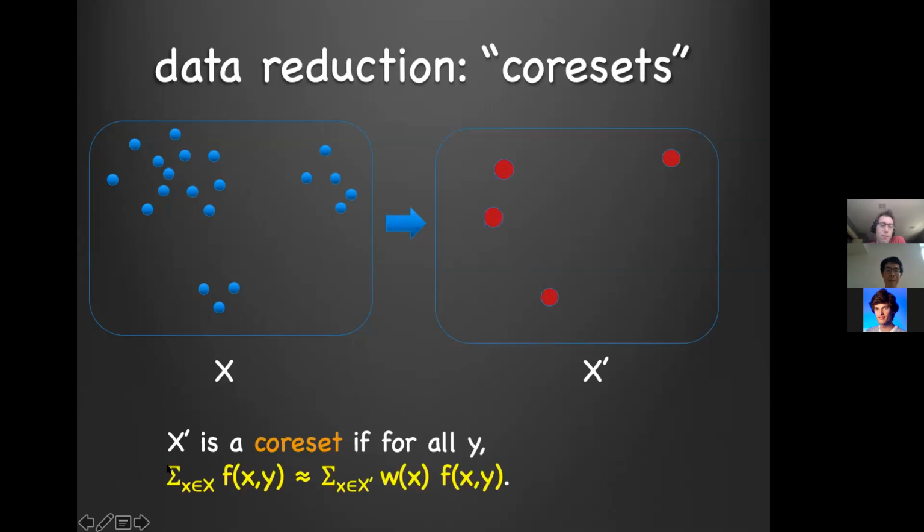More concretely, x prime is a core set if for all models y, the true log likelihood of y is pretty close to the log likelihood we get just from summing over the core set. And here we need this term w of x, which is a weight. So it's actually not just a subset, it's a weighted subset.